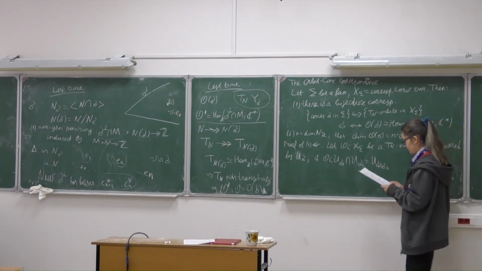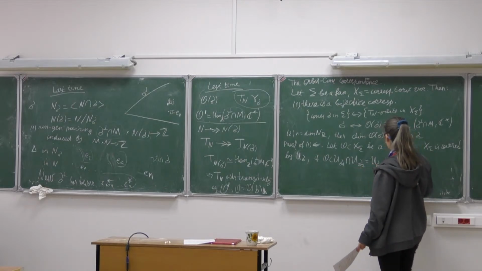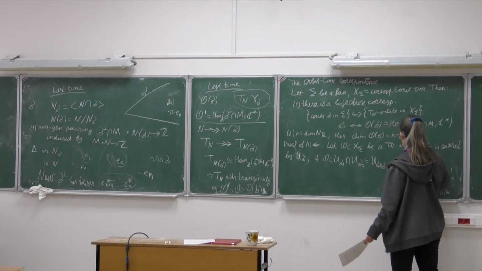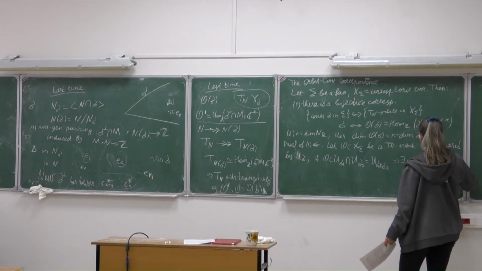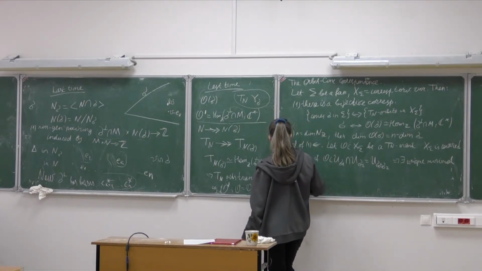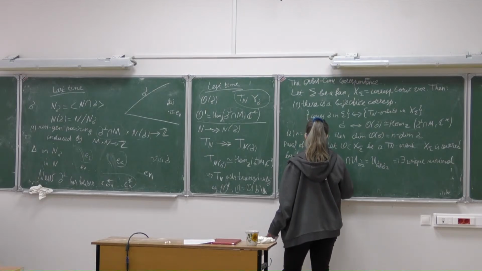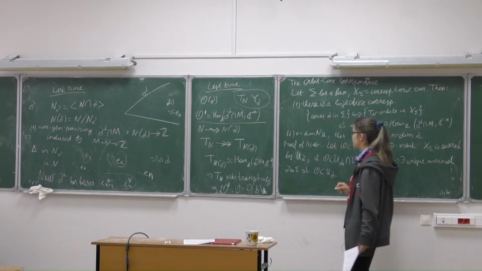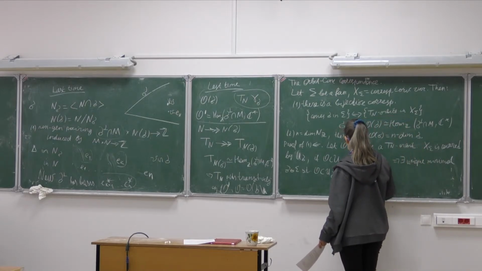And so there is a unique minimal cone sigma in our fan such that O belongs to U sigma. Let us prove that O equals O sigma.